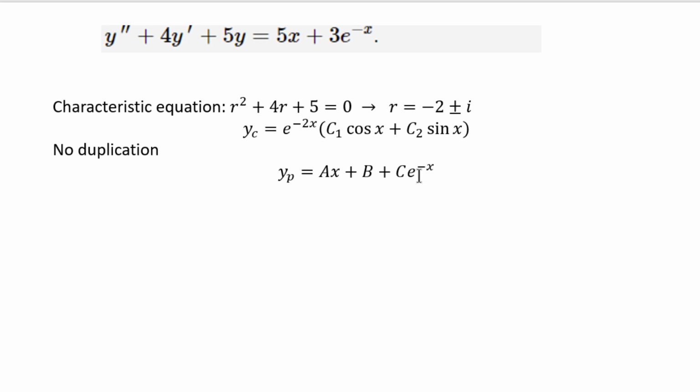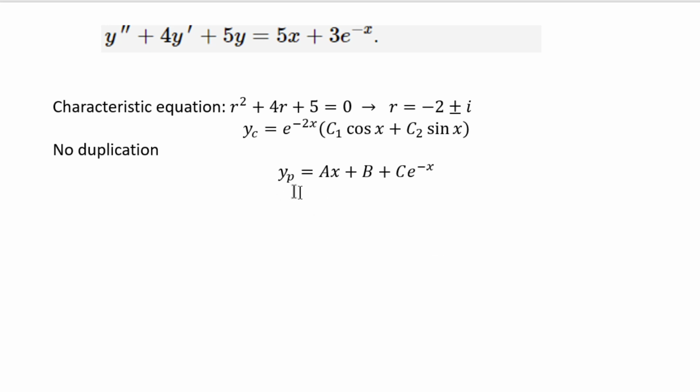But here you can see that this is really two functions, e to the negative 2x times cosine x and e to the negative 2x times sine x. Both of them are linearly independent with e to the negative x, and these are totally different functions, so you can easily see that there's no duplication. And if there's no duplication, there's nothing to multiply by x, so it's easier.